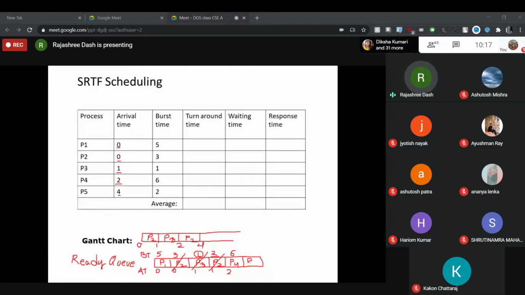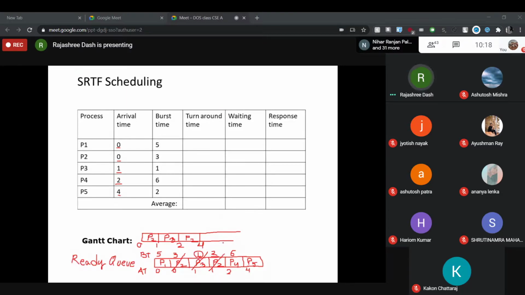By that time, P2 has already completed its execution, because P2 had remaining burst time 2, so 2 plus 2, 4. So at time 4, there are 3 processes in the ready queue: P1, P4 and P5.